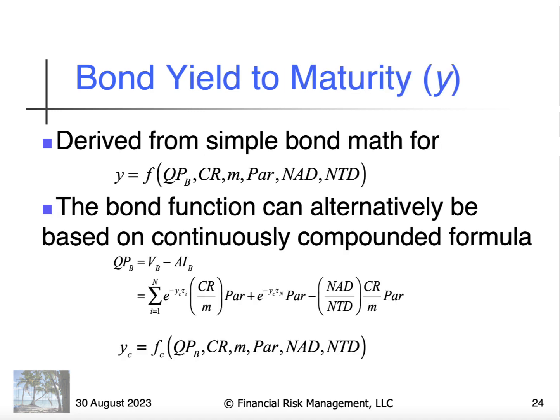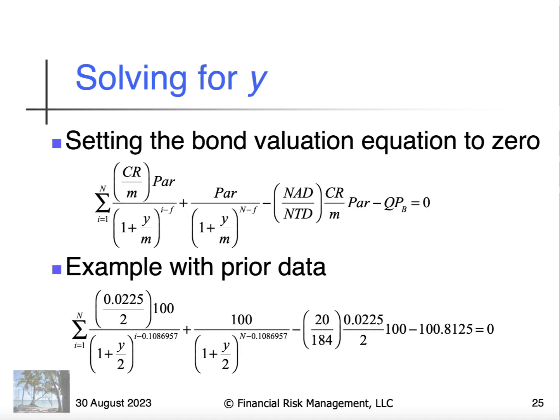Solving for bond yield to maturity, like we did in the embedded function module in chapter 3, we basically can derive from simple bond math. The yield is a function of the quoted price and all the other parameters. It doesn't matter whether we use continuous compounding or discrete. In the continuously compounded version, I could solve for the implied yield to maturity and get the continuously compounded yield to maturity.